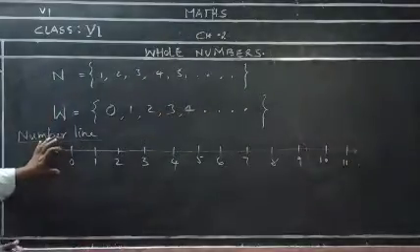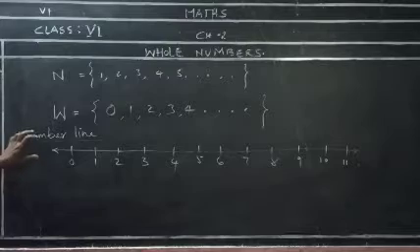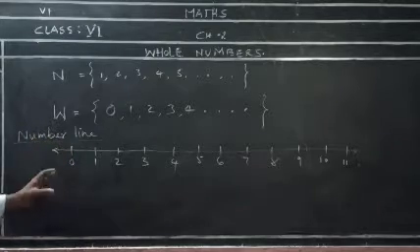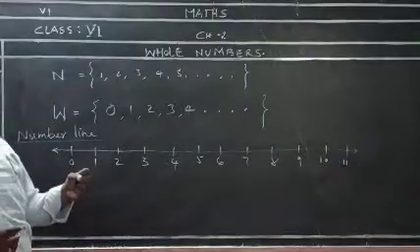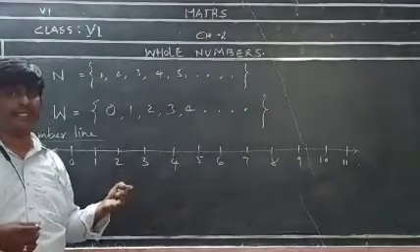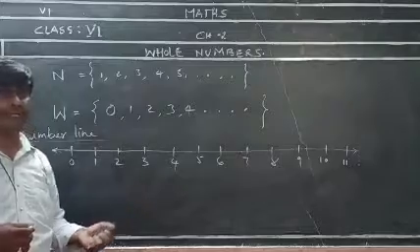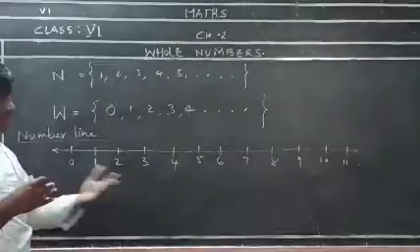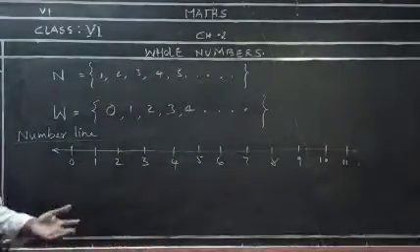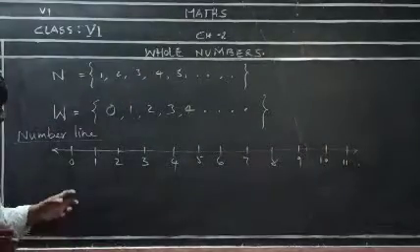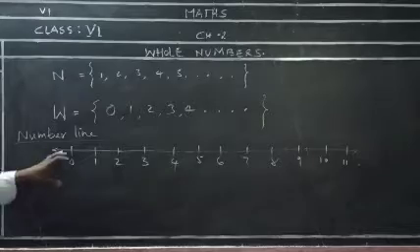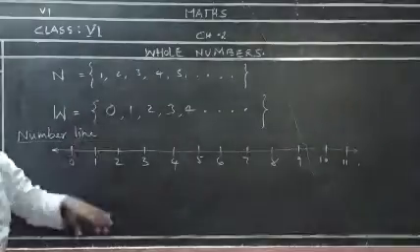So what is the use of this number line and how can we use it? We use this number line for doing operations like addition, subtraction, multiplication, and division. So how is it easy to add, subtract, or multiply numbers? Let us see these operations, operations under whole numbers.